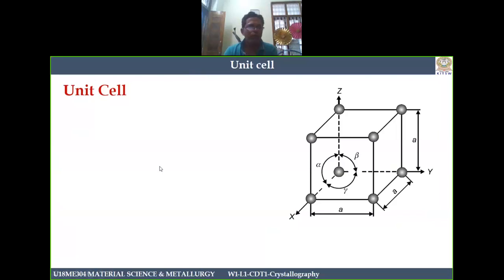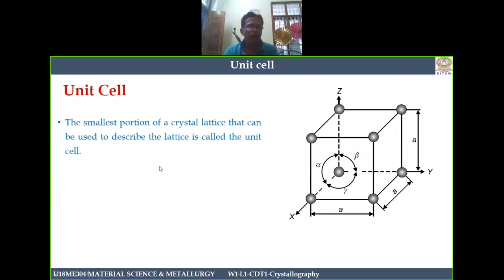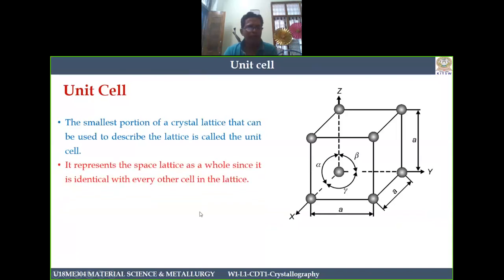So what is a unit cell? The smallest portion of a crystal lattice that can be used to describe the lattice is called the unit cell. It represents the space lattice as a whole since it is identical with every other cell in the lattice. So this cube will be the same as the others in the lattice.